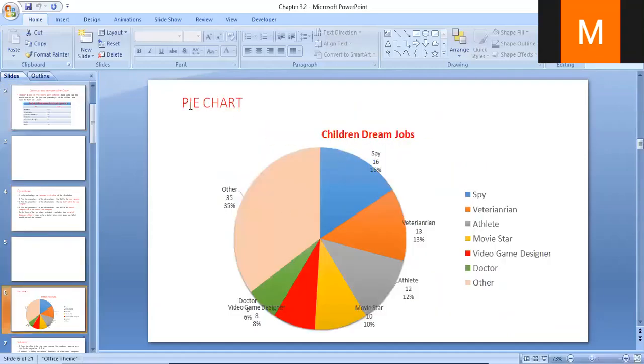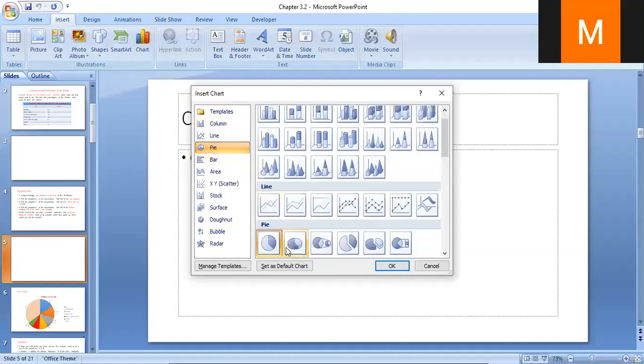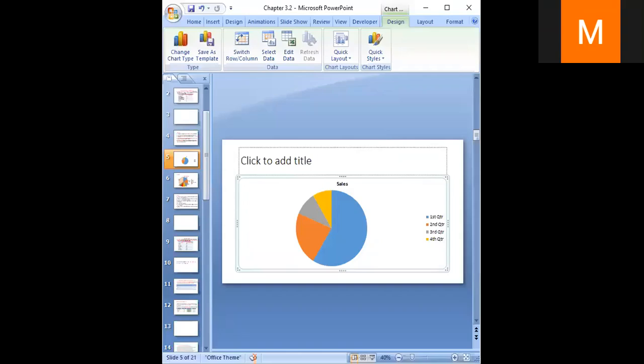If you want to, you have to know how to create the pie chart. Go to the Word document, right? And you go to Insert, and you go to Chart, and you look at the chart here, and you have pie chart, and you can choose one, and okay, and then in this one you fill in the numbers, and then you will see the chart here.